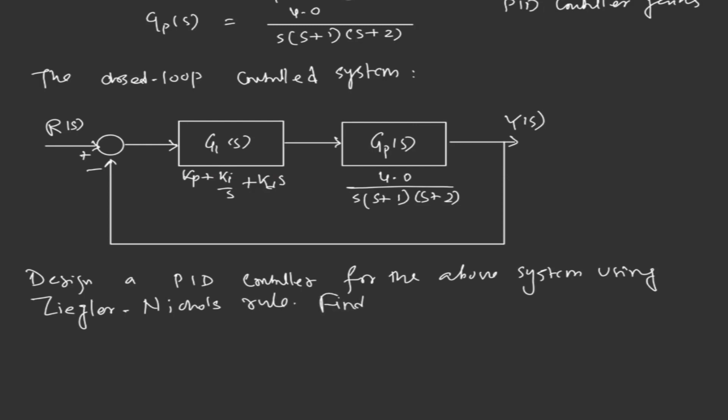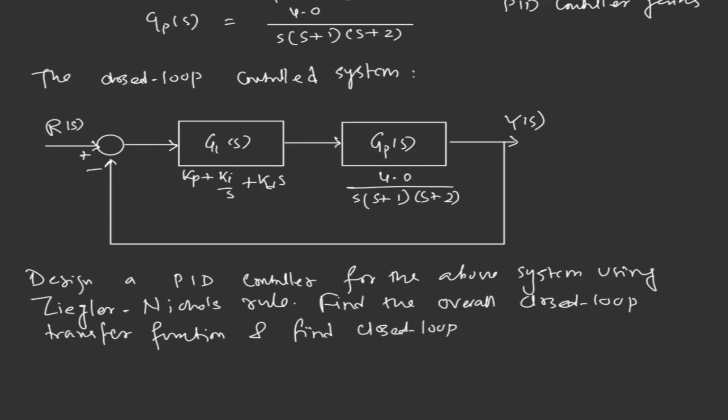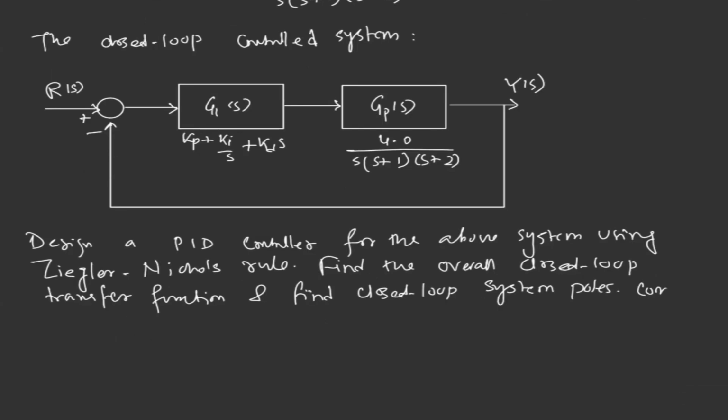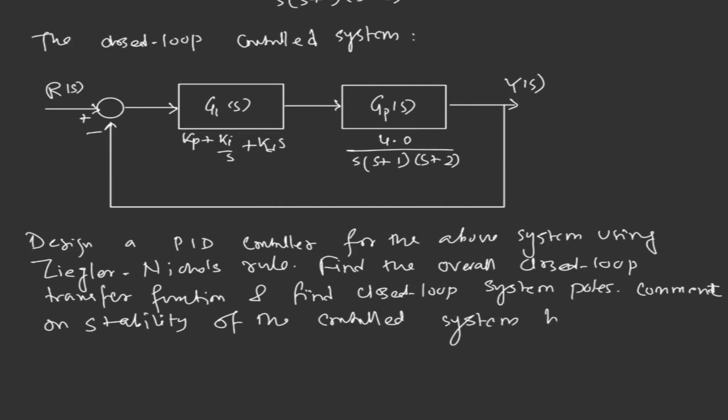Find the overall closed loop transfer function, find the closed loop system poles, and comment on the stability of the control system based on pole locations.